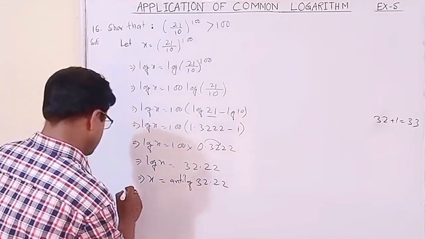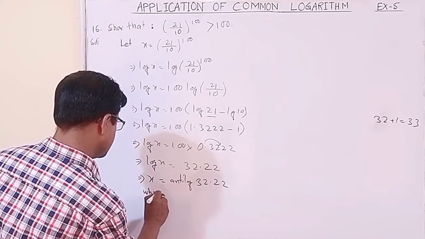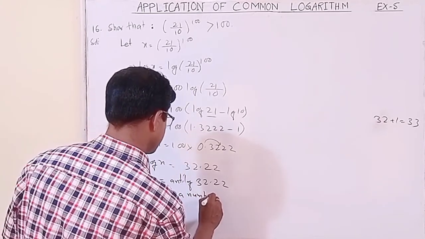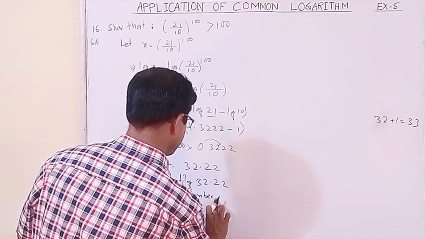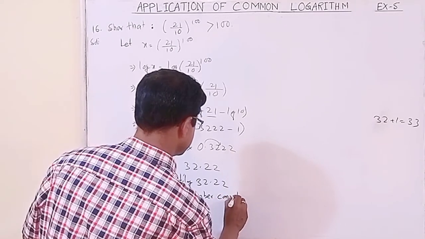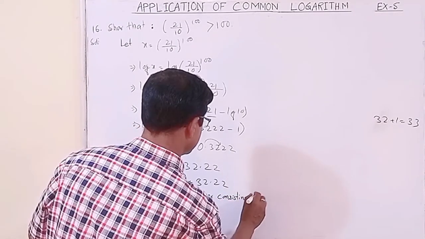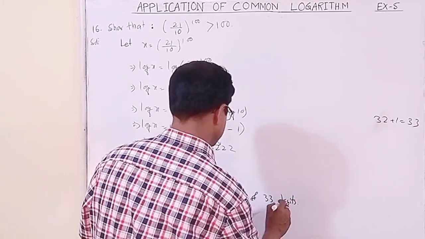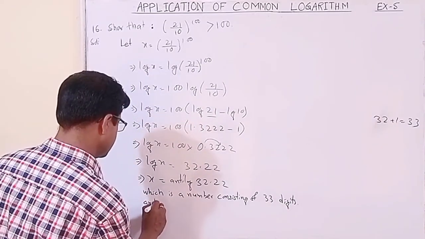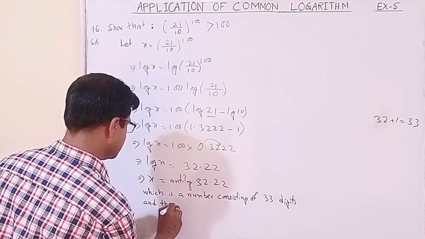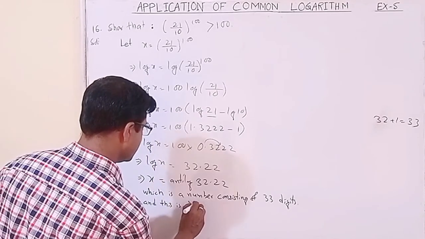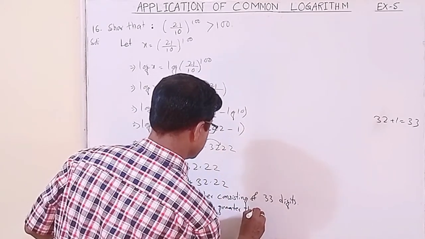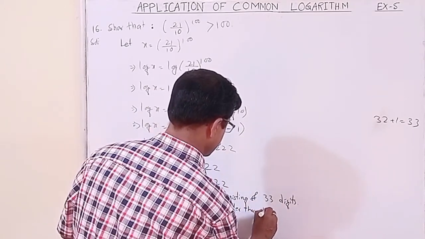Which is a number consisting of 33 digits, and this is obviously greater than 100.